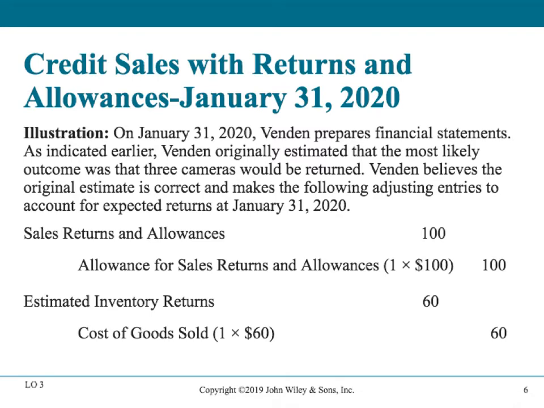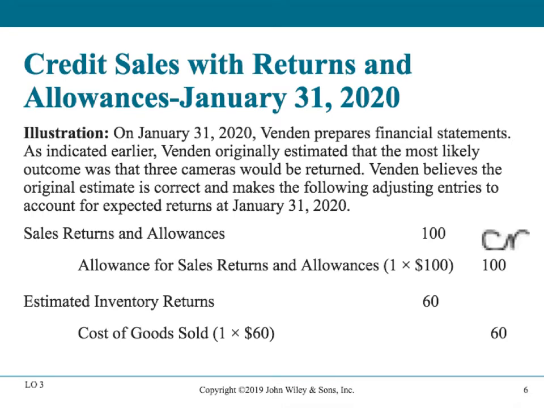So we will actually create a brand new account called allowance for sales returns and allowances. That account is a contra accounts receivable account, so contra asset. Therefore, the normal balance for this one is a credit.